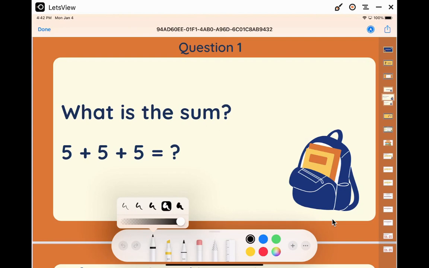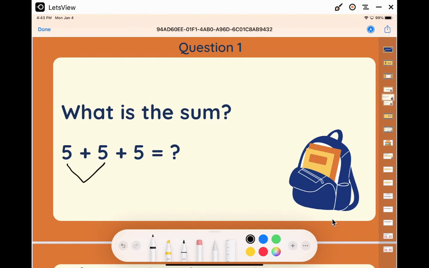This is a repeated addition question, and it's something that we talked a lot about in second grade. How do we figure out what 5 plus 5 plus 5 is? Well, one way that we can do it is take two of our add-ins and add them together first.